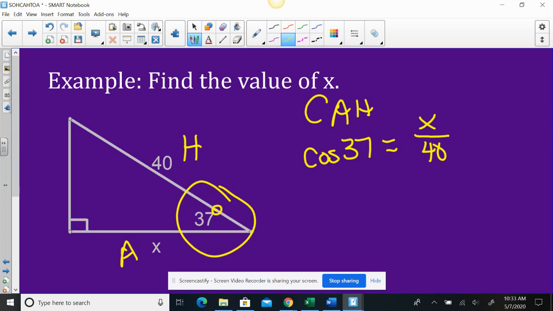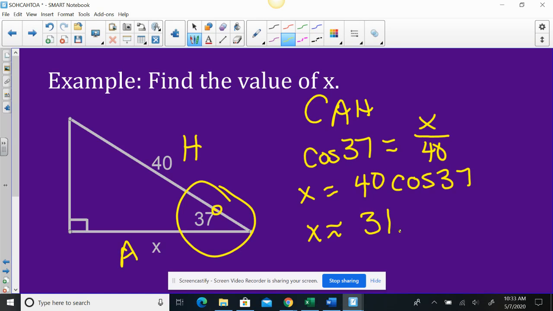X is still up high, so I'm still going to just multiply. 40 times cosine 37 would be x. So I'm going to type that in, 40 cosine 37, and I get 31.95 because I actually get 0.945. So behind the 4 is higher than 5, so it comes up.